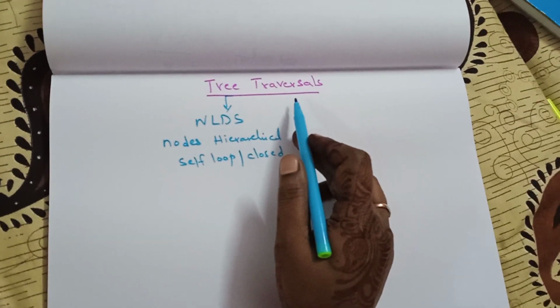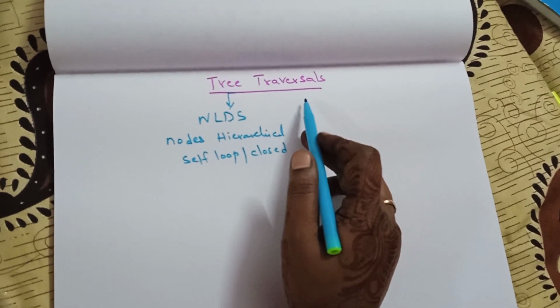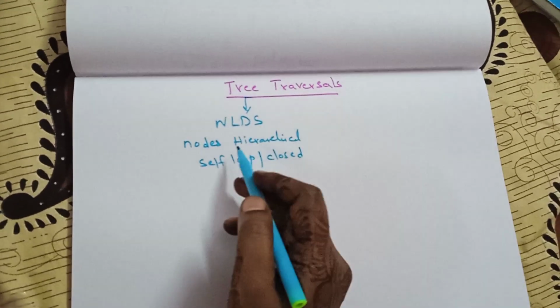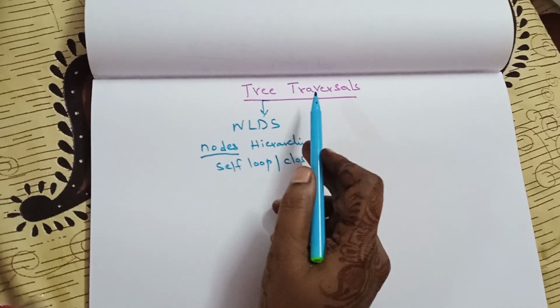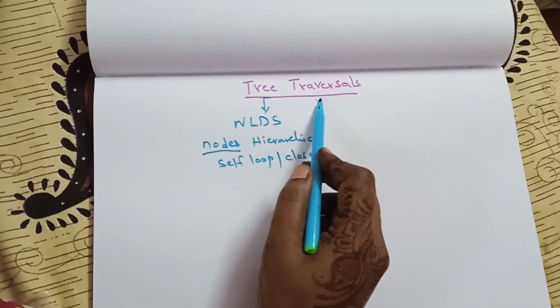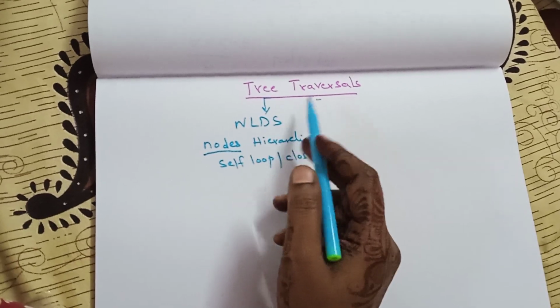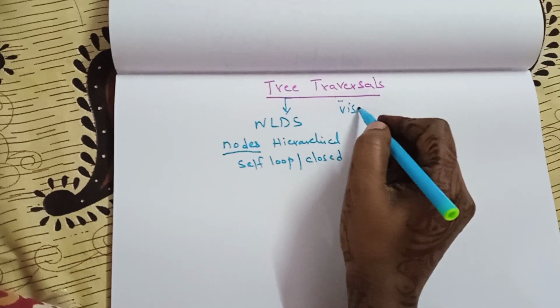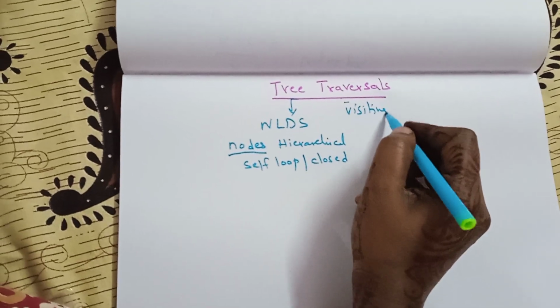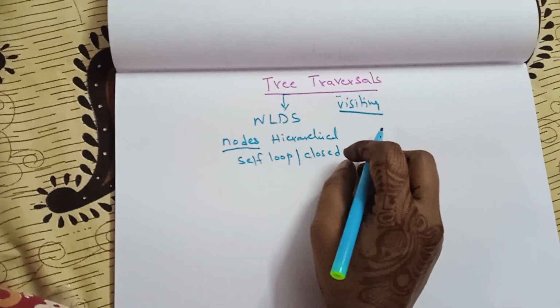Right. Traversal is what? Visiting of a node. As we will be having several nodes in a tree, traversal means we will visit each node. Visiting of a node or visiting of all the nodes.